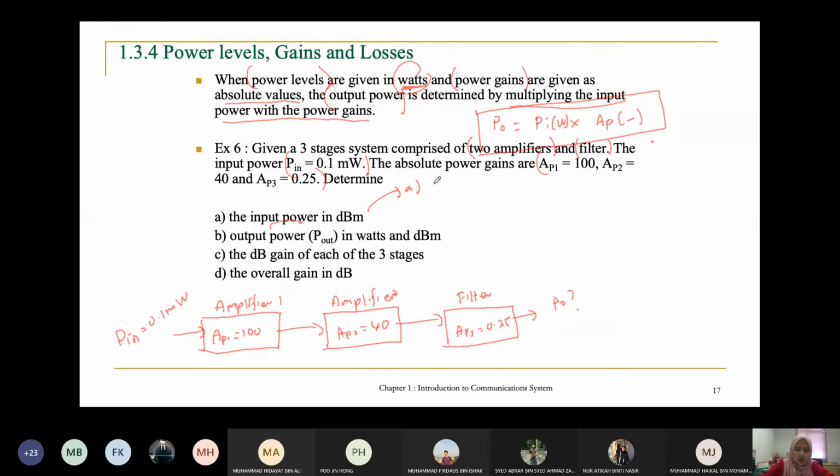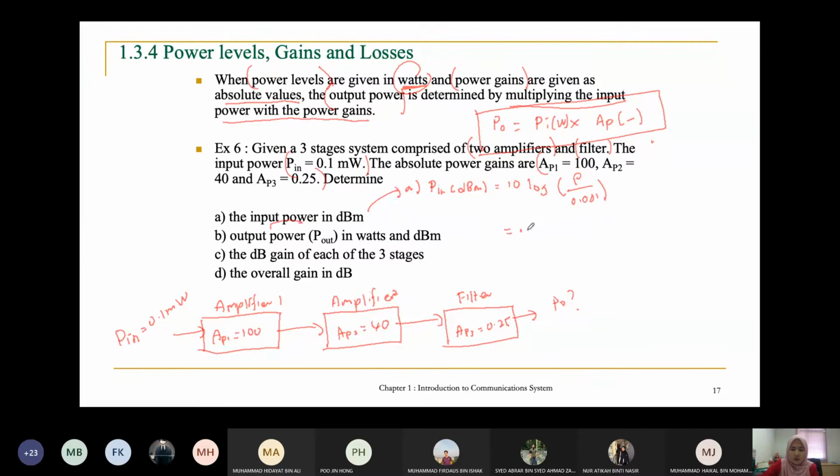Okay, so P in the unit dBm is equals to 10 log P divided by 0.001. Because the question asks you to calculate in the unit dBm, you must divide with 1 milli, 0.001.